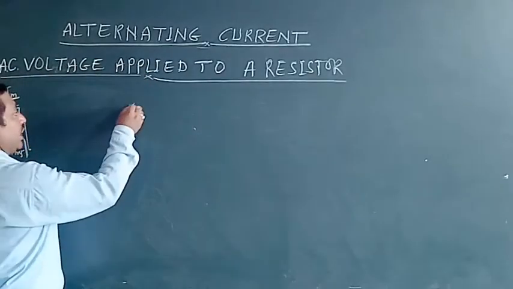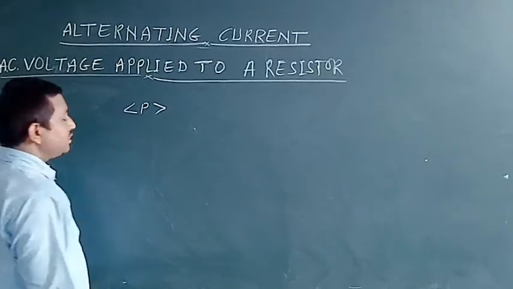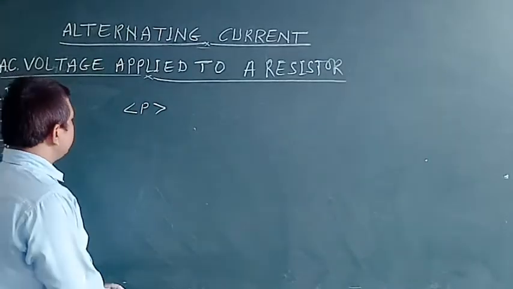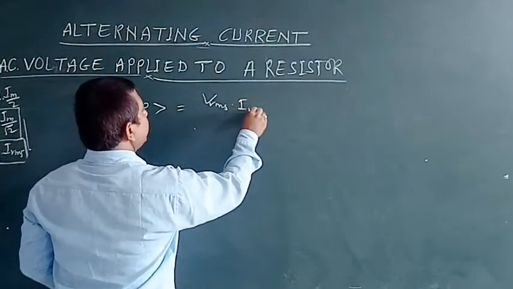As you get, the average power loss in a resistor connected to an AC source is Vrms dot Irms.